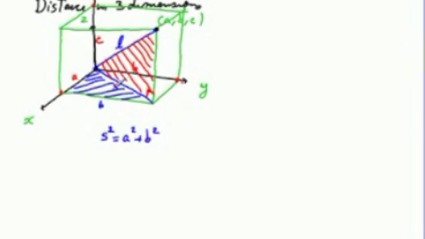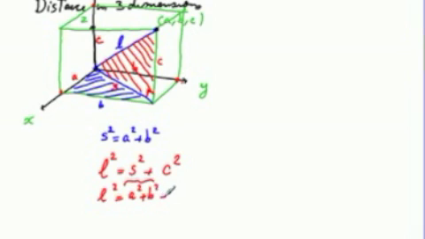This side of it is S. This side of it, that's what we call C. So L is the hypotenuse of a right triangle with the legs S and C. So what do we know about L? L squared has to be S squared plus C squared. Well, what was S squared? It was A squared plus B squared. So L squared is A squared plus B squared plus C squared.